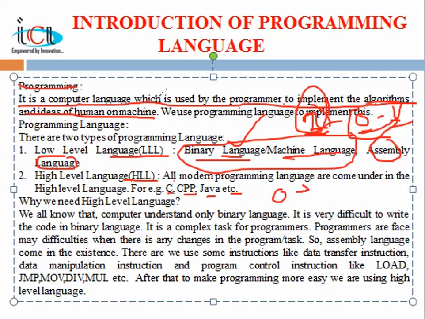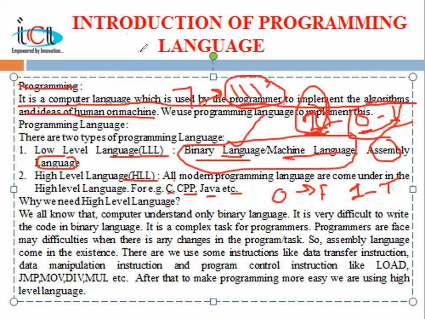0 represents false and 1 represents true. Now suppose we are writing 7. In the binary language, we write 111. 111 is the binary number of the 7.